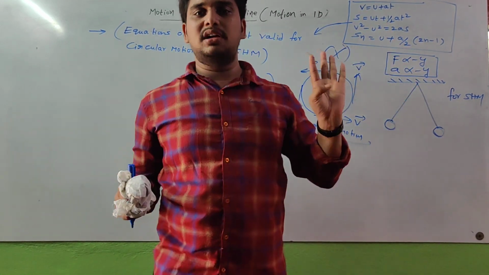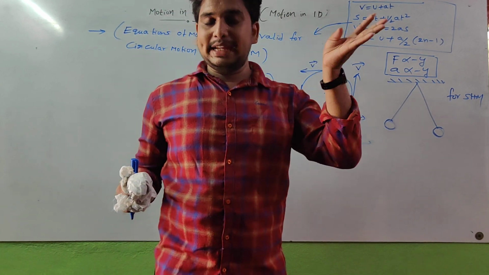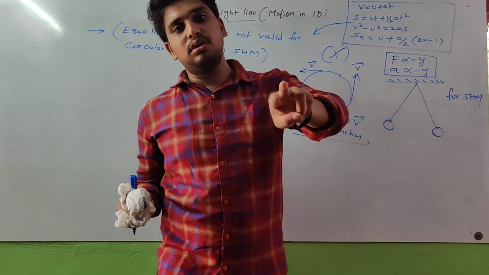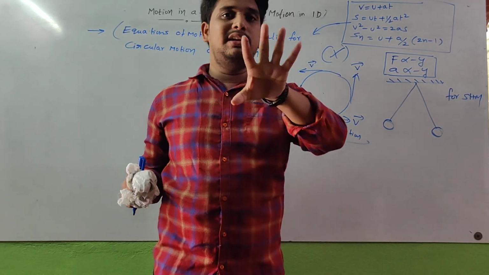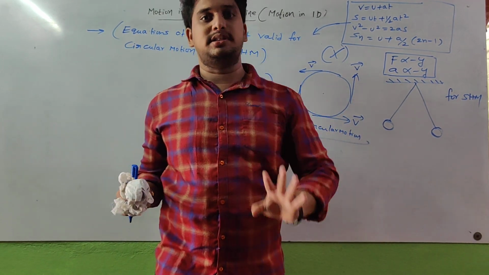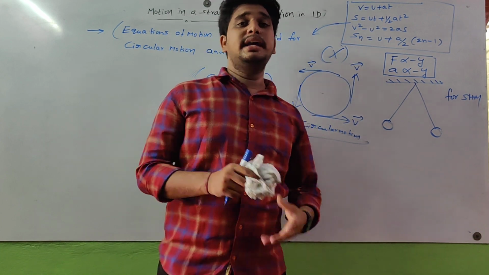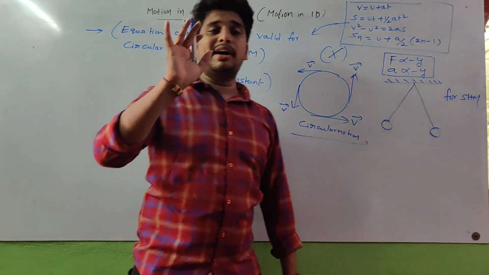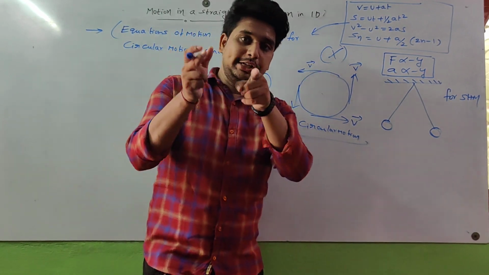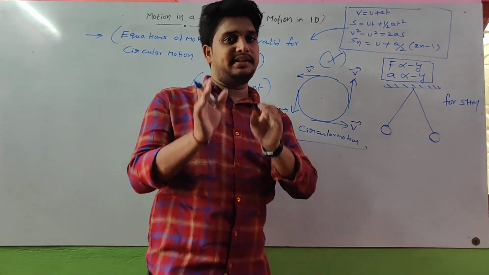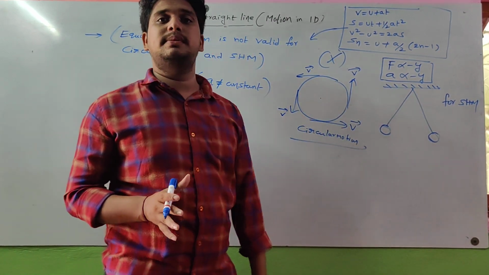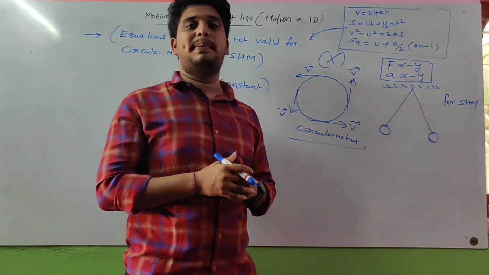If magnitude of velocity is constant and direction of velocity is constant, both constant, only then should we consider velocity constant. But here the direction varies continuously, and only then does it form a circular path.